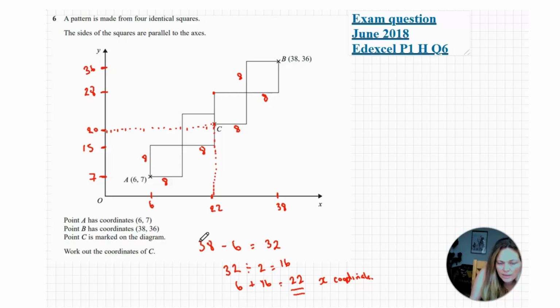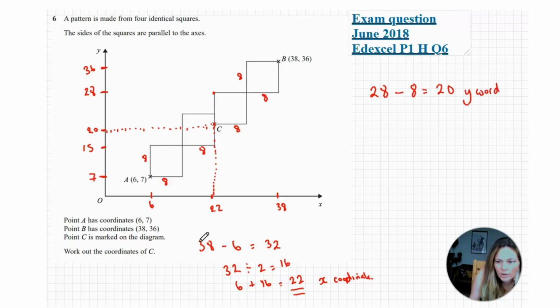Okay, so let's put that into the working out. All of these annotations will be marked as well, but let's make sure the examiner can give you full marks. We need to show what we've done. We've worked it out by using logic, but the final working out is 28 take away 8, which gives us 20, and that's our y coordinate.